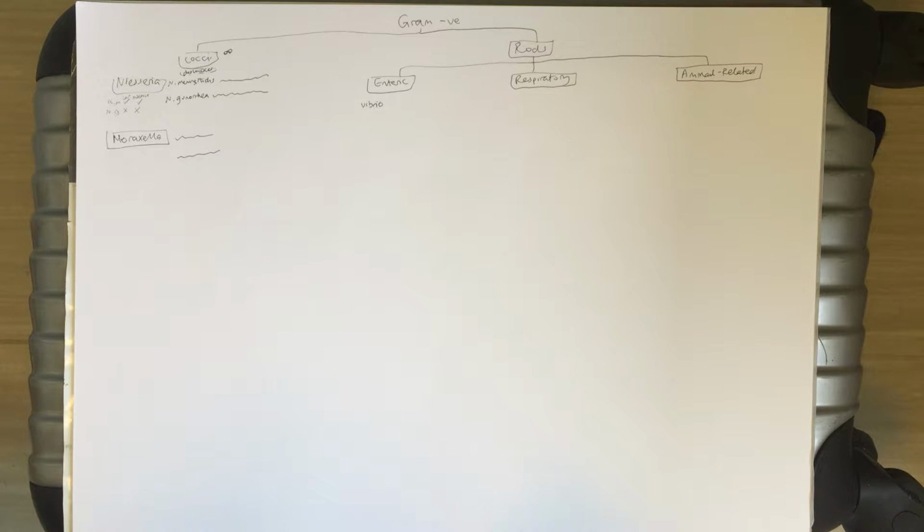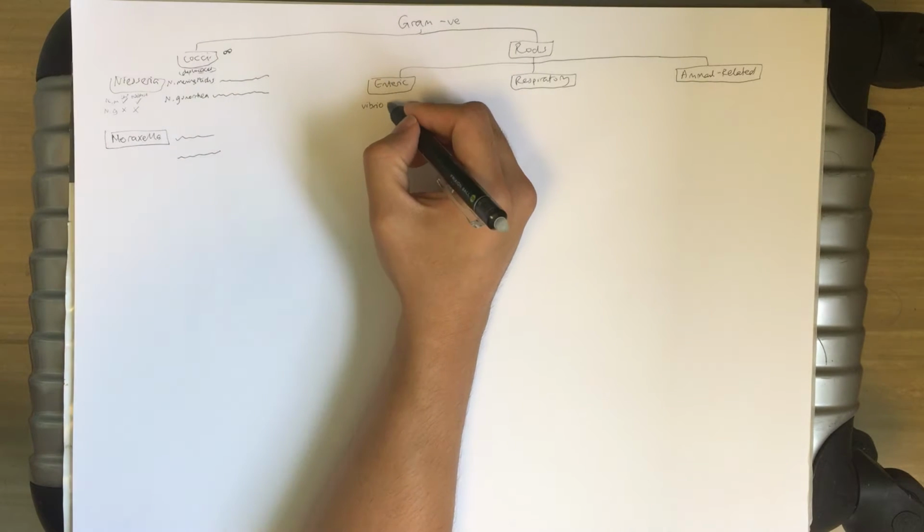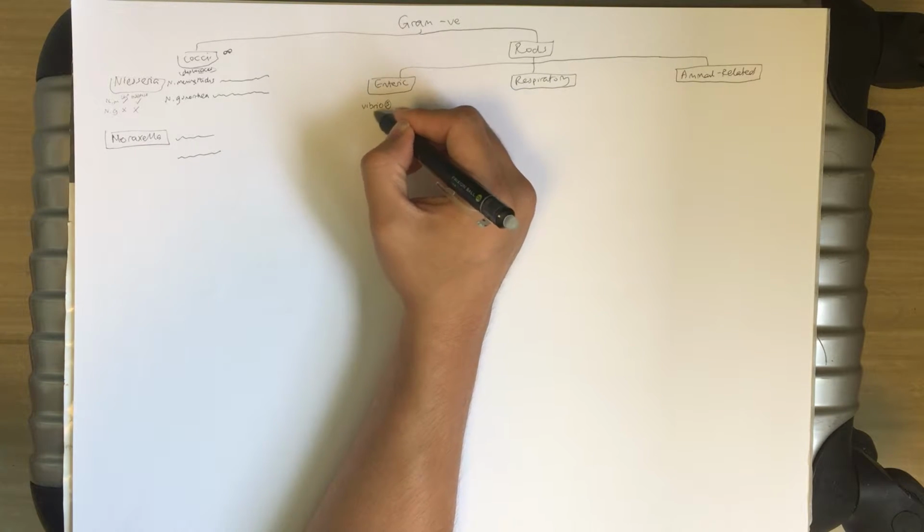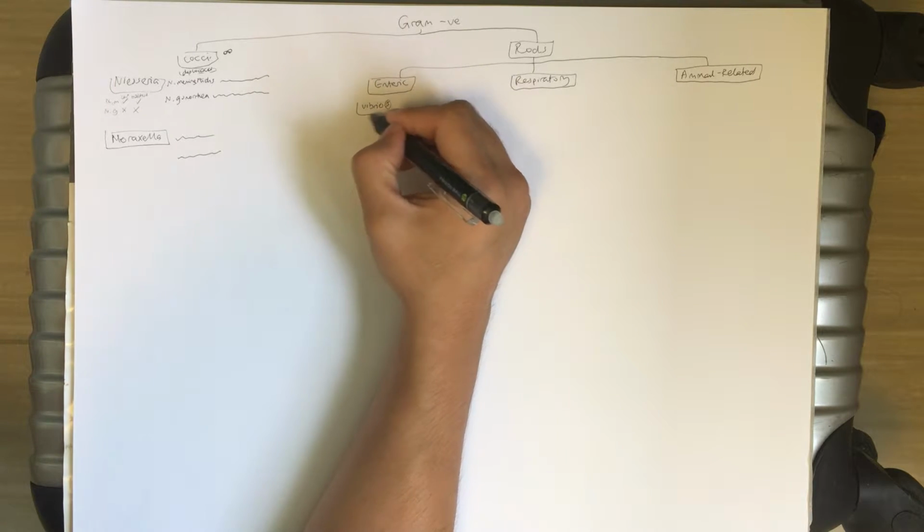Is it parahaemolyticus? I forgot. But Vibrio, you have three, so I just put three here. You can put three different ones.